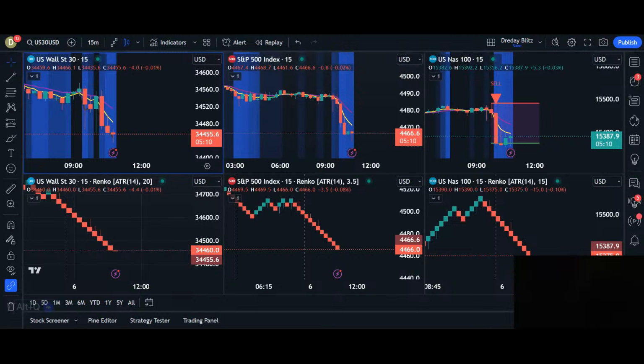If not, that means I did a great job today explaining everything for you guys. But overall, we had a bearish movement for each of the indices that we had, and it still continued that way overall. So that's perfect.